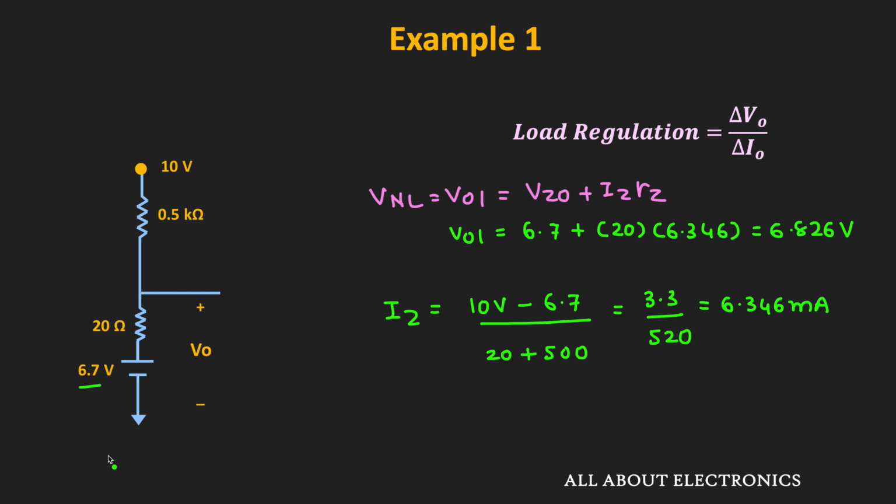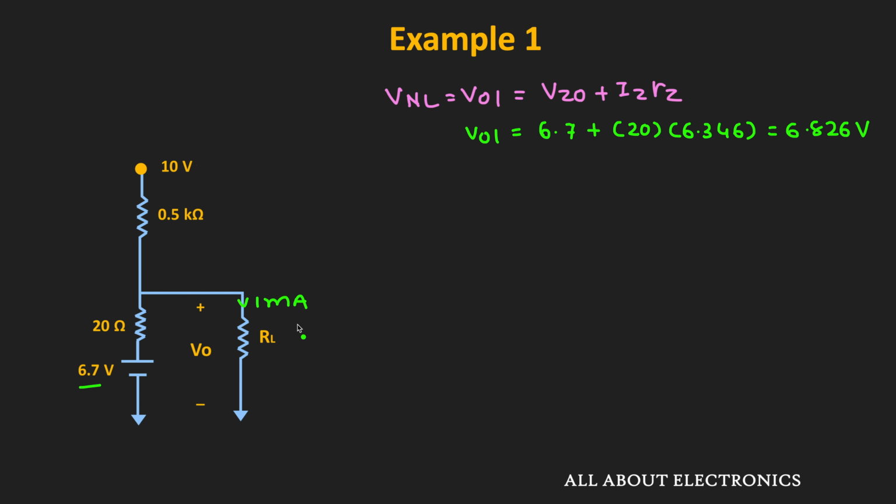Similarly, let us find the output voltage when the current through the load resistor is equal to 1 milliampere. Whenever the load current is flowing through the load resistor, at that time, the Zener current Iz can be given as Is minus IL, where Is is the source current, while IL is the load current, and the remaining current will be the Zener current.